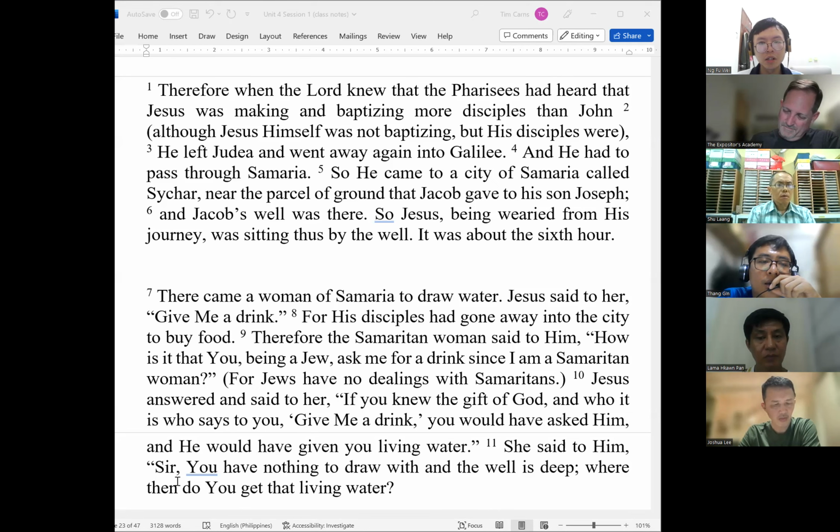And he had to pass through Samaria, so he came to a city of Samaria called Sychar, near the parcel of ground that Jacob gave to his son Joseph. And Jacob's well was there. So Jesus, being wearied from his journey, was sitting thus by the well. It was about the sixth hour.